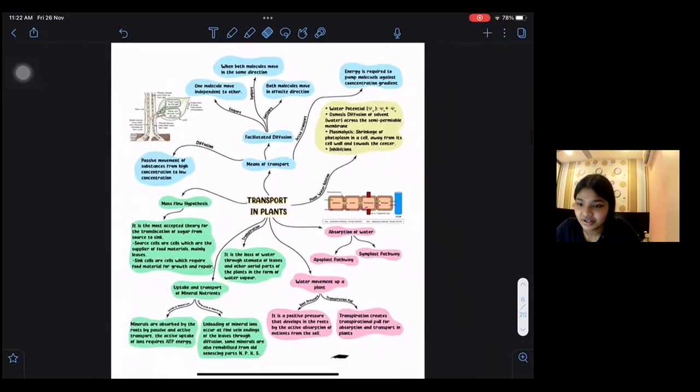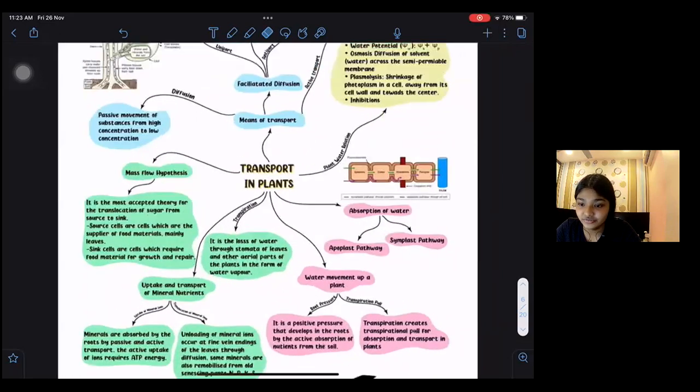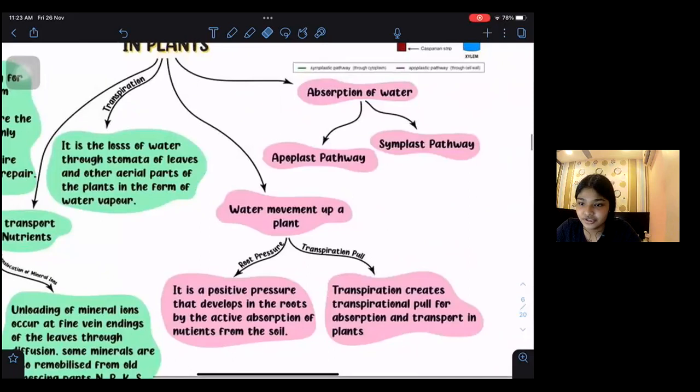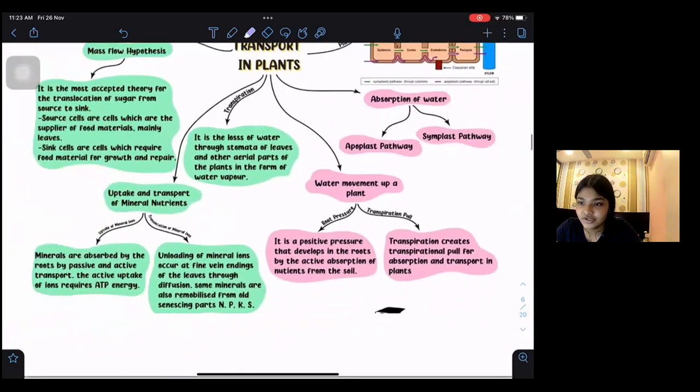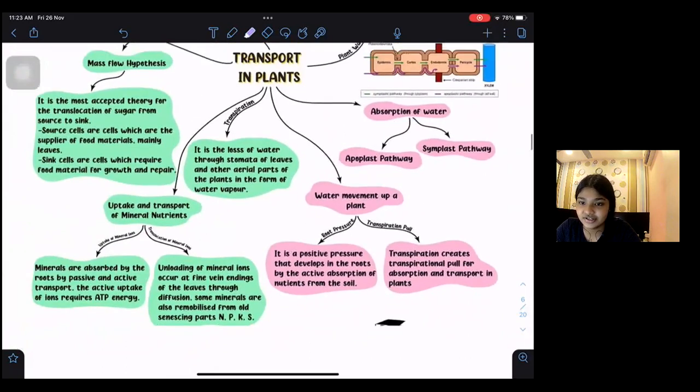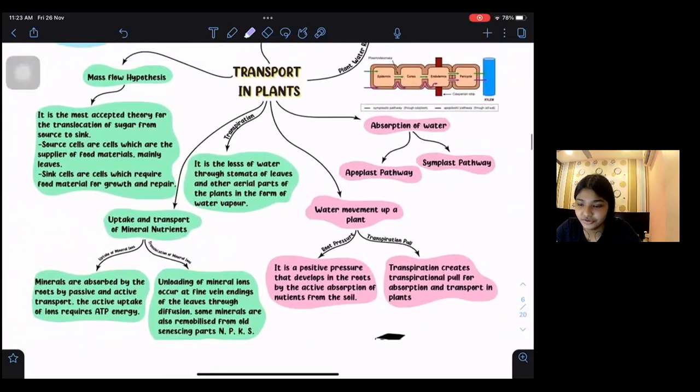Yeah, so as you can see, for the absorption of water, just a recap, soil water can enter the root hair cells through the partially permeable membrane down a water potential gradient. Then this water must move across the root to the xylem vessels in the center of the root.